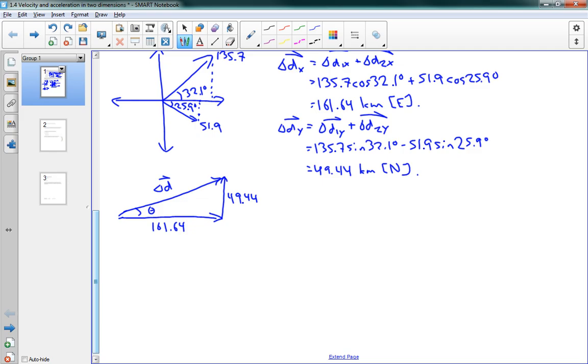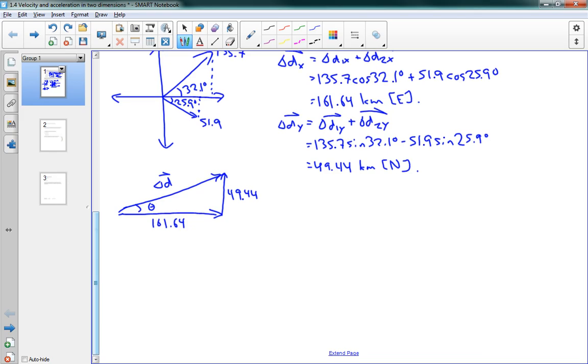So there's two more pieces that we still need to do here until we get our final displacement. So the magnitude of our displacement is, using Pythagoras, 161.64 squared plus 49.44 squared. That's using the x and y components of that displacement. And that gives me 169 kilometers.